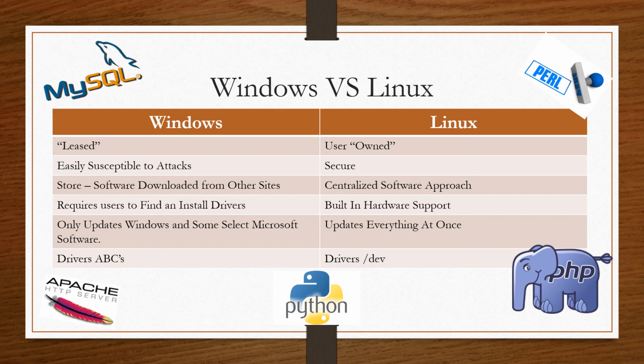Linux has built-in hardware support. Windows requires users to find and install drivers. Hardware with Linux support usually just works without the need for users to do anything. Proprietary drivers are available through online repositories for hardware that requires them.